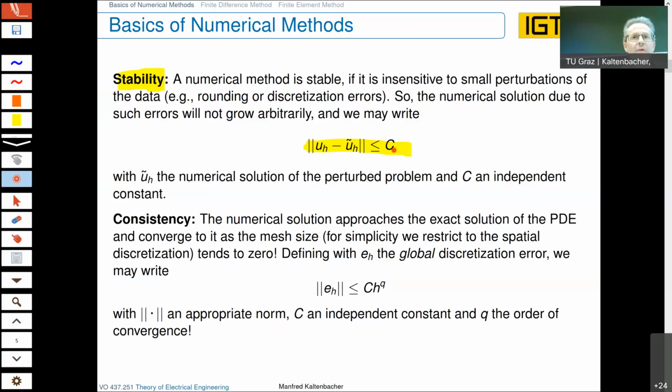Do you know singularities in electromagnetics? Charges. What about electrodes? At corners of electrodes you have a singularity there, and correctly combined with the charges, you have an accumulation of the charges there.